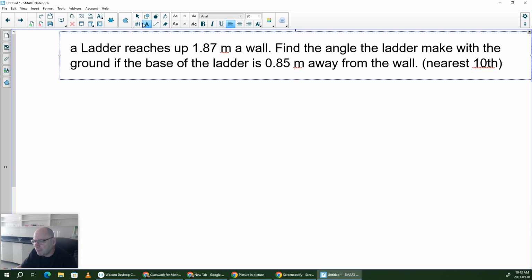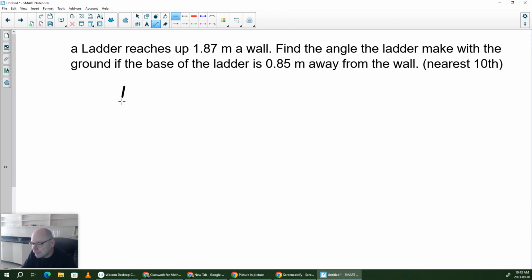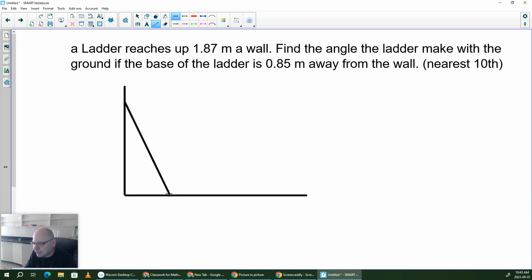We have our wall and our ground, and then our ladder's in here somewhere. This here is 1.87 meters, and this is 0.85 meters. We want to find the angle that the ladder makes with the ground. So this is our right angle, we're assuming.